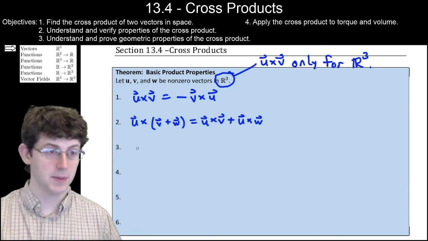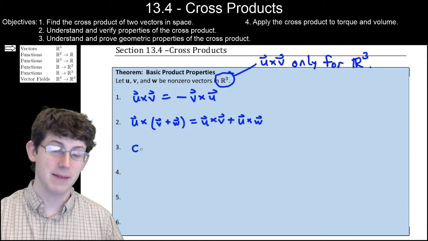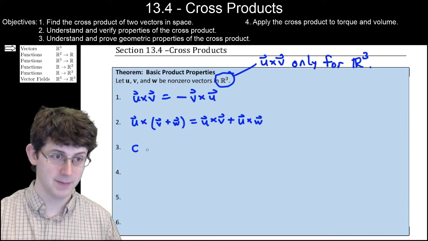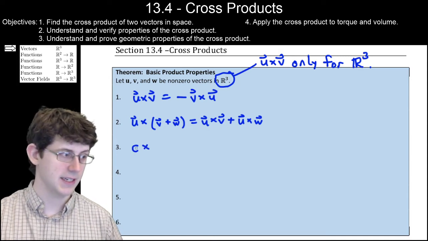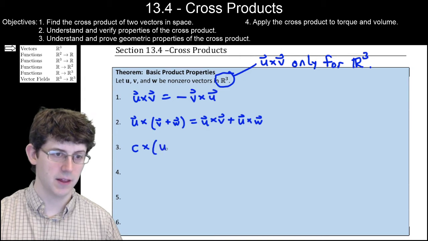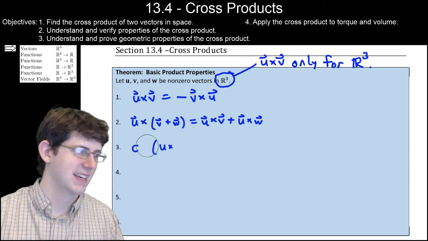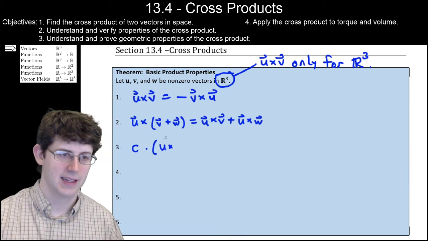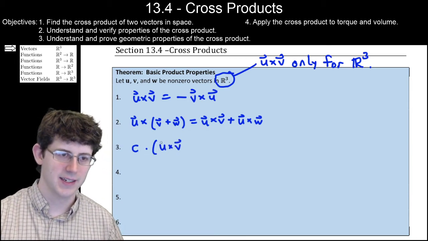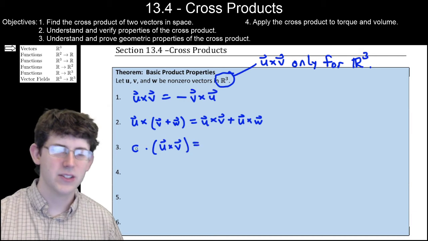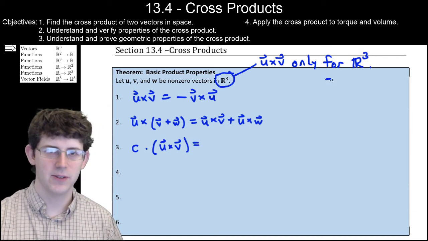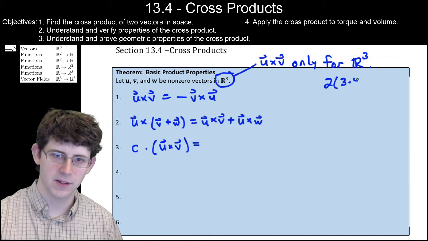There's a scalar multiple, and the scalar multiple works the same way that the dot product scalar multiple worked, which was if you have a scalar and you multiply it by a cross product, you don't distribute the scalar the same way that you don't distribute 2 times 3 times 4.